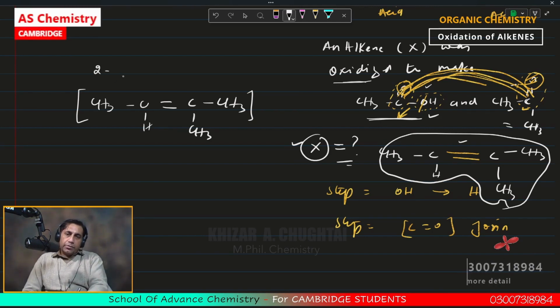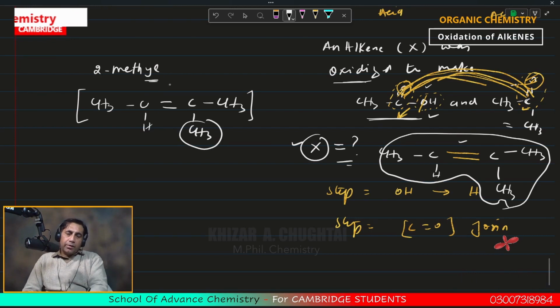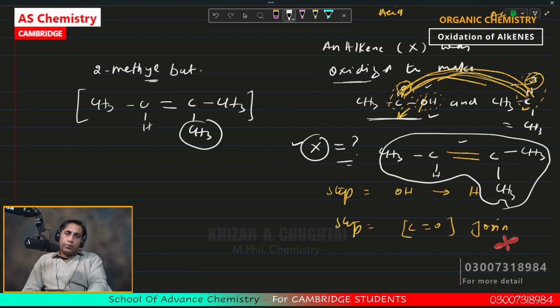2 dash, the branch, yes, methyl. In case of a branch, you will write yl with it. 2-methyl. How many carbons are in the longest chain? 4. It's but-. And one is a carbon-carbon double bond, so we will write the position.